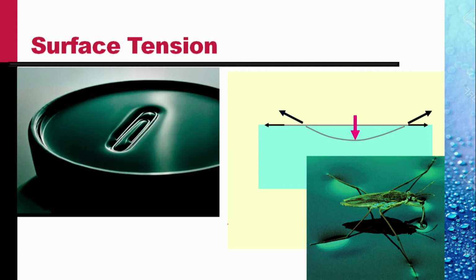Similarly, you notice in detail that each leg of the water strider has a cup-like formation of the water surface. The surface is curved and the tension on the surface is now providing an upward force to each leg.